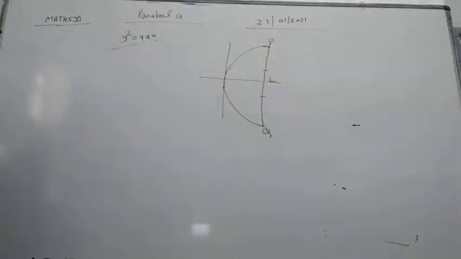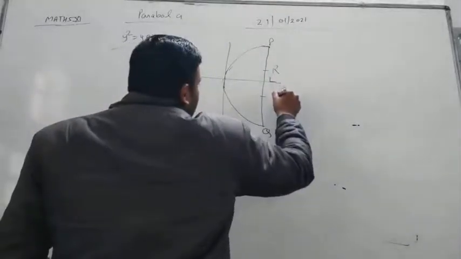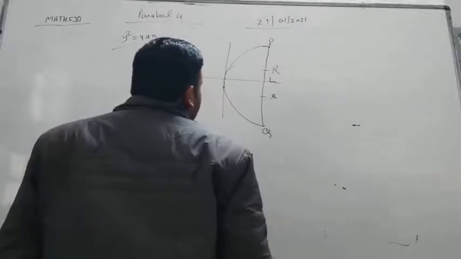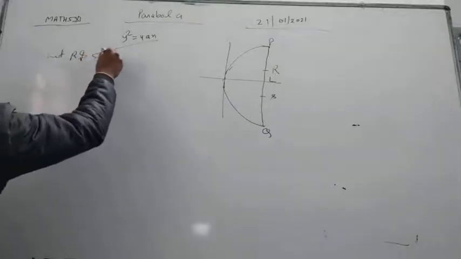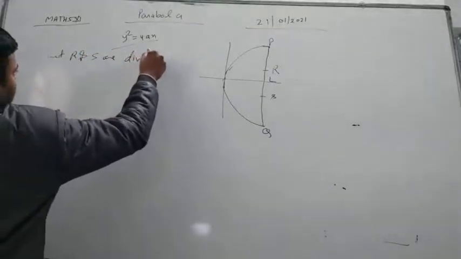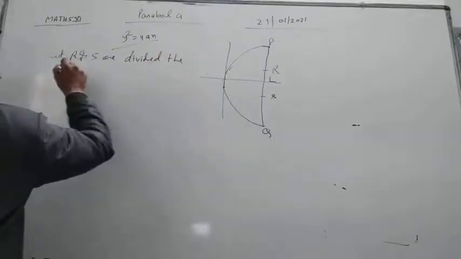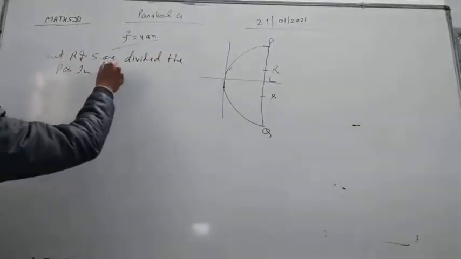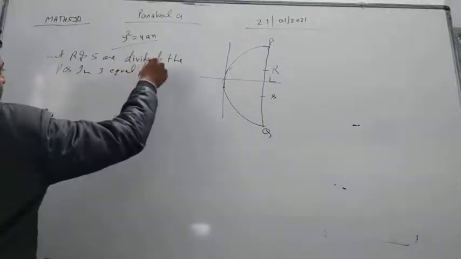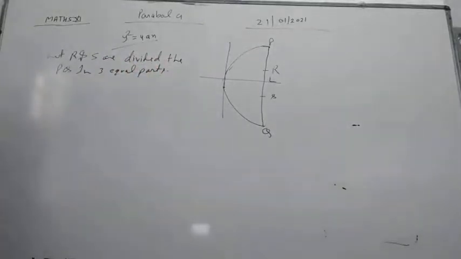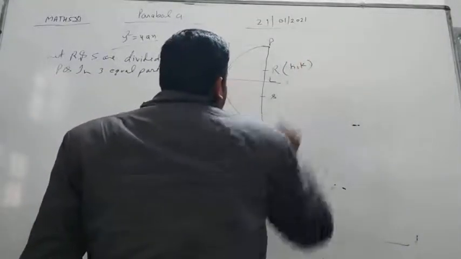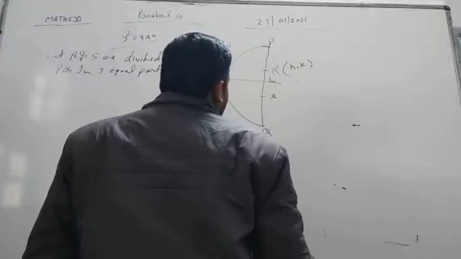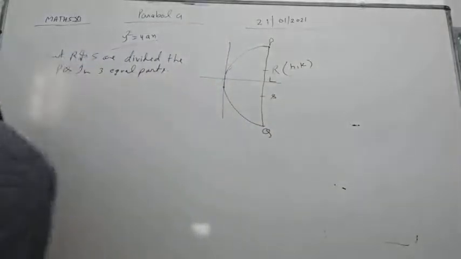Let this be R and this be S. Let R and S divide PQ in 3 equal parts, that is, these 2 points trisect the line PQ. And let the coordinate of this R be h, k. Students, we are supposing that the coordinate of this R is h, k.